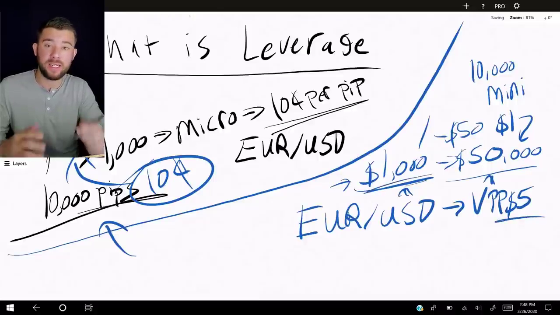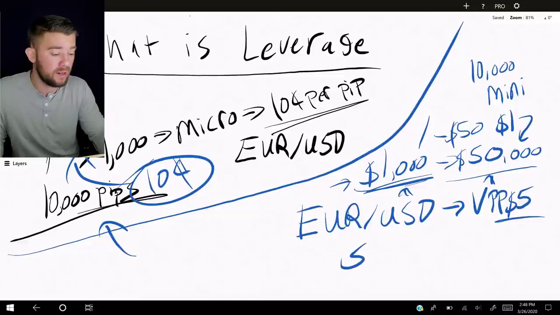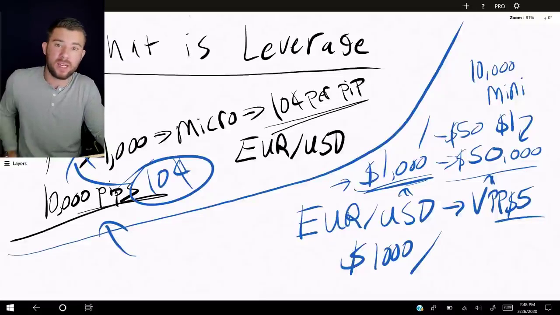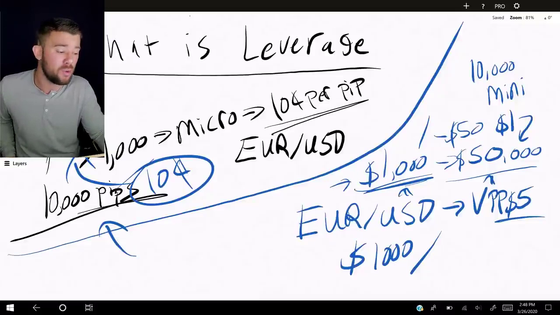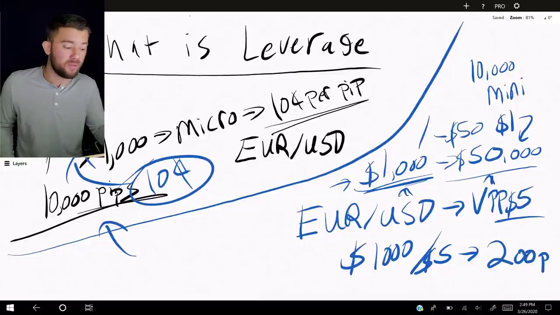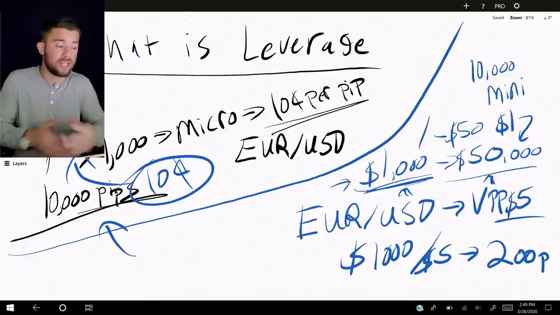Take your account balance of $1,000, because they're not going to allow you to lose more than $1,000. And if you're risking $5 per pip, let's finish the math: that means you only have 200 pips, because 200 times 5 is $1,000. That takes your account away.